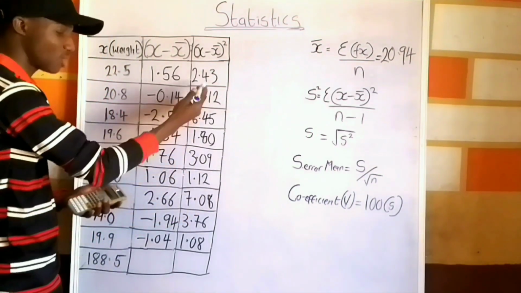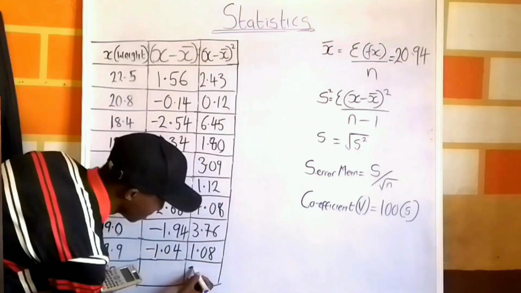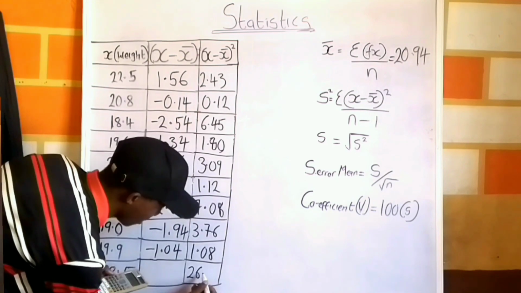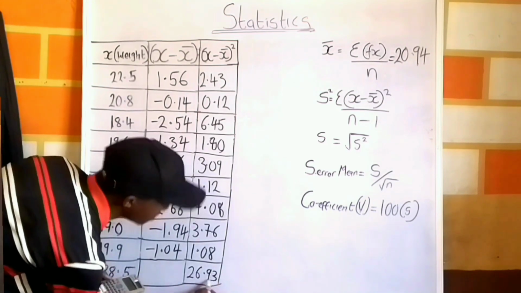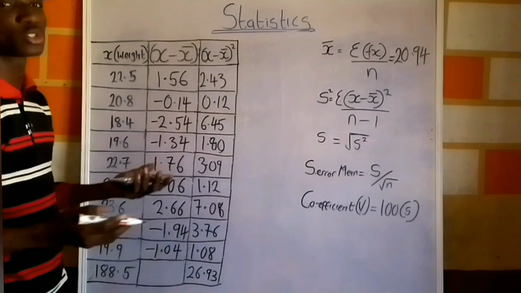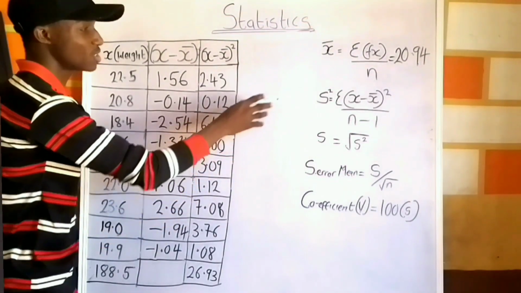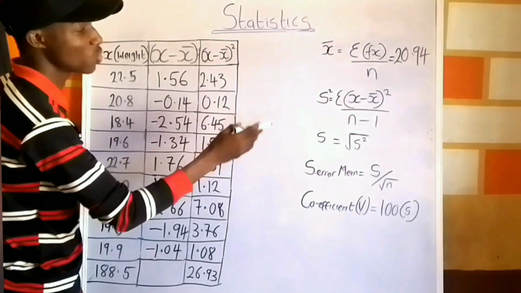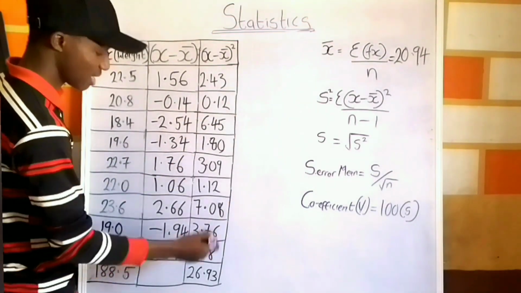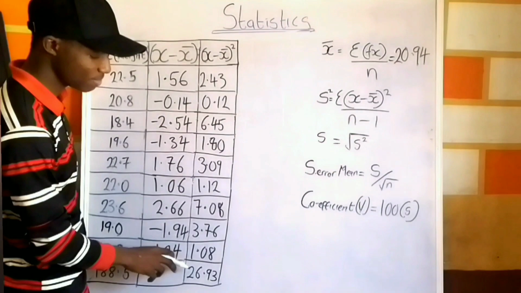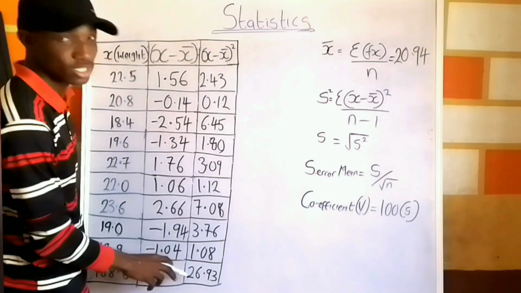Therefore, I'm going to add all these values together. That is 26.93. Now, I can proceed to calculate the variance. And the formula for variance is summation of x minus x bar squared all over n minus 1. And I've already gotten the summation of x minus x bar squared, which is 26.93.